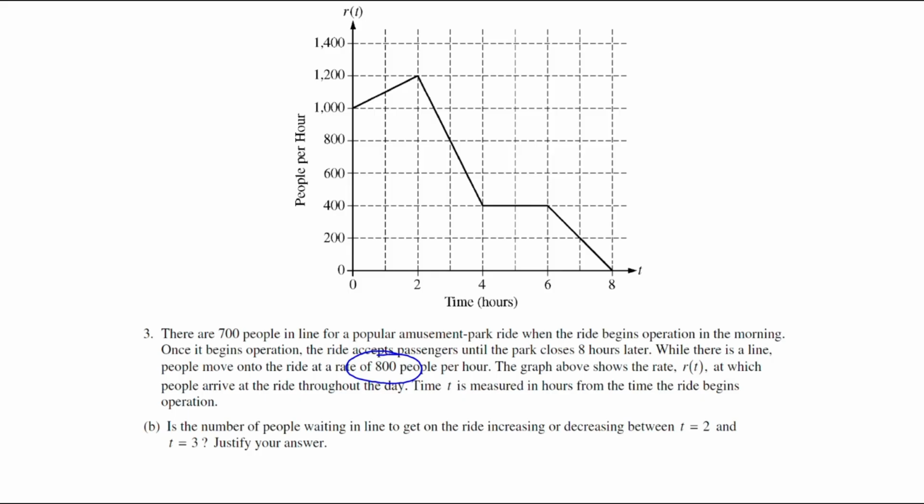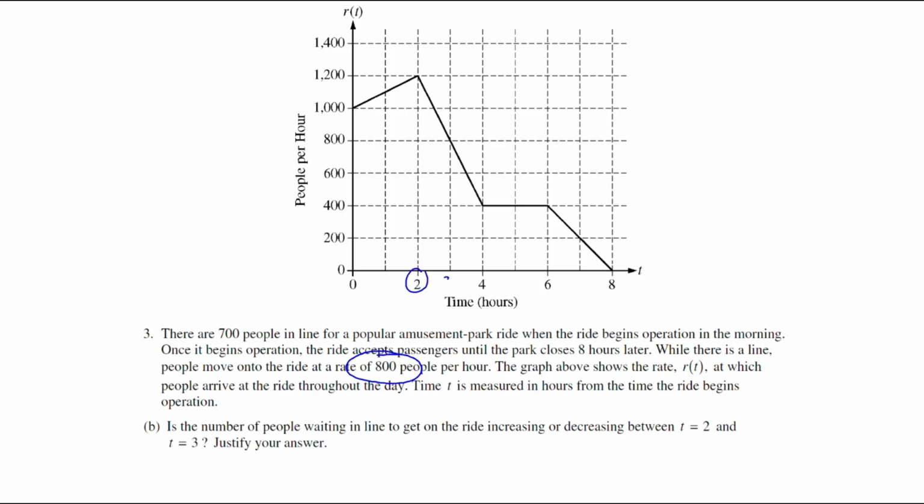And r of t is representative of the rate at which the people are arriving at the line, right? And so all we really need to do here is see if the rate that they are arriving is greater than 800.